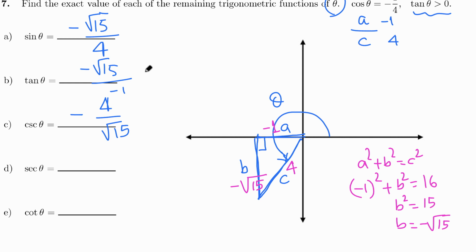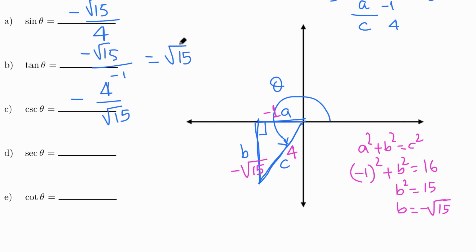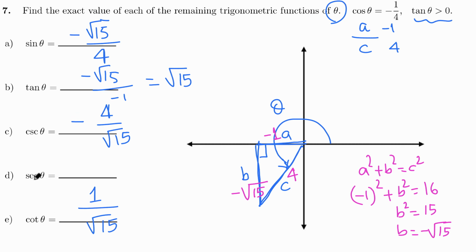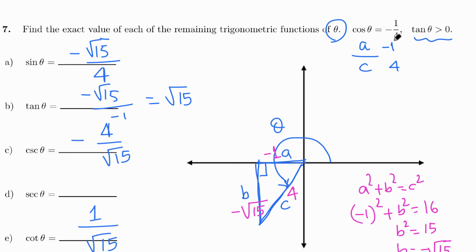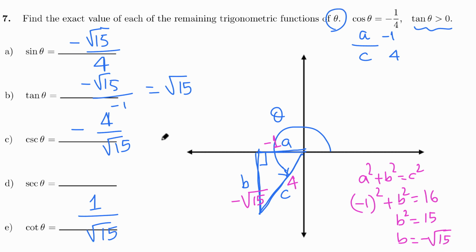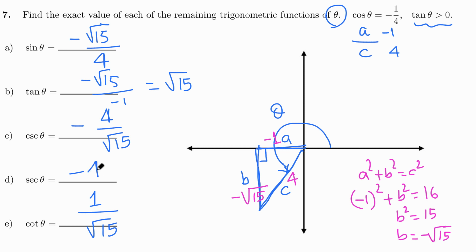Oh, negatives cancel, just square root of 15. Then cotangent is just the reciprocal of this, we just flip, 1 over square root of 15. You can rationalize, which is not necessary here. Now secant is the reciprocal of cosine. Cosine is -1/4, that means -4/1, just -4.